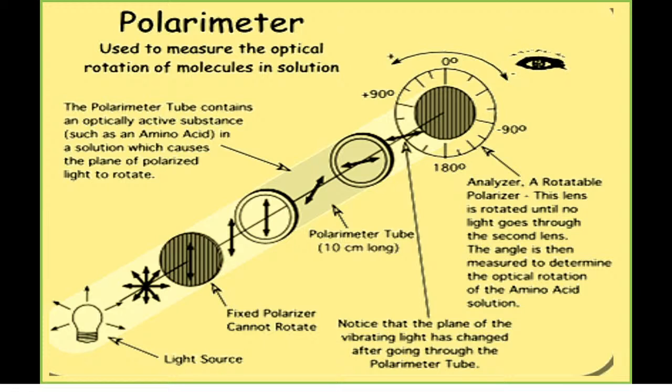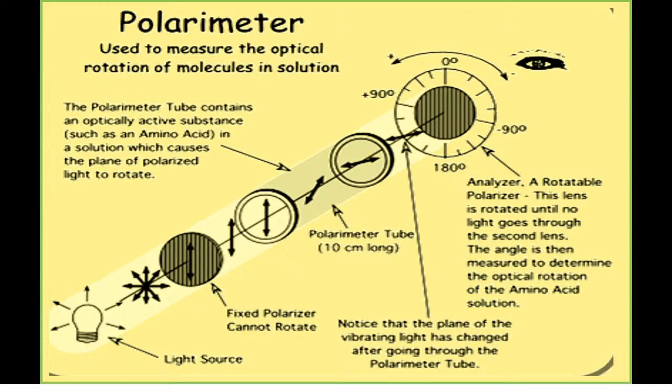And this is the case illustrated here. After light goes through the tube with the sample, this light has a different plane of polarization because of rotation by the optically active substances. And we will see not a dark field at the eyepiece, but more or less light.